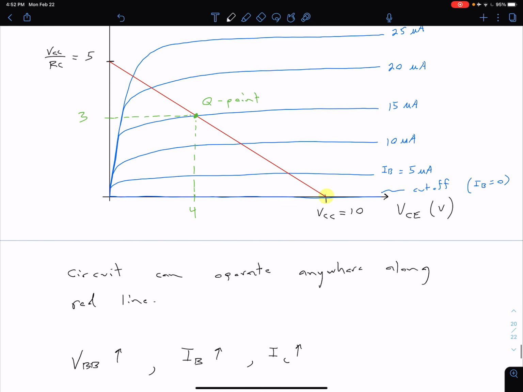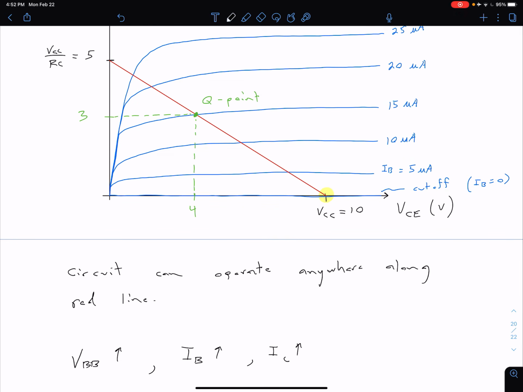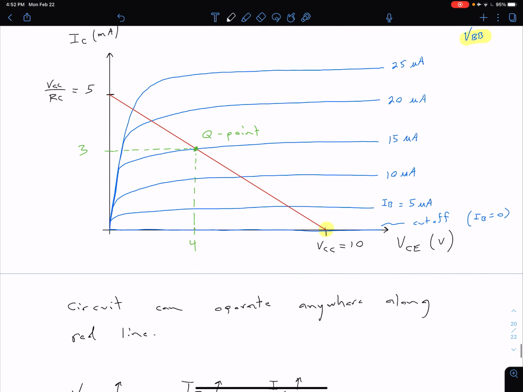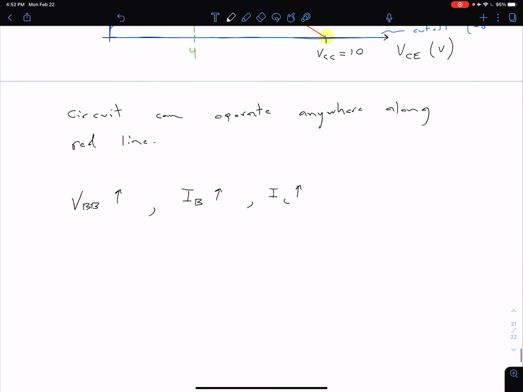And so we can keep increasing. For our previous example, we could have kept increasing our VBB. We would have kept on moving up and to the left on this red curve. However, once we get to a certain point, over here where I've just highlighted, increasing VBB no longer increases our base current, no longer increases our collector current.